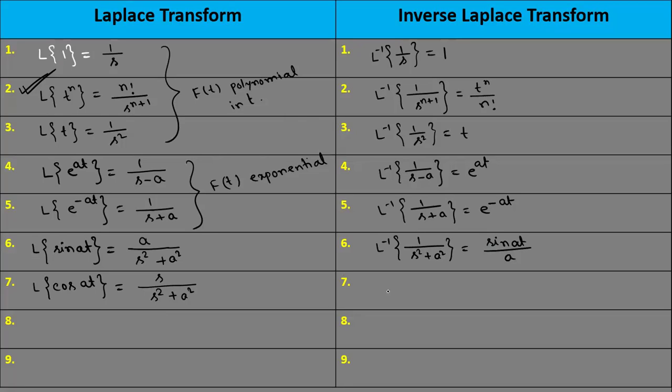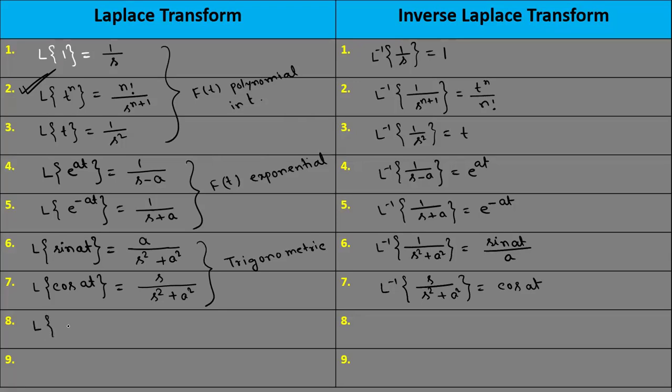Similarly here, Laplace inverse of s by s square plus a square equals cos of at. Now, these two formulas are for when f of t is in trigonometric form.